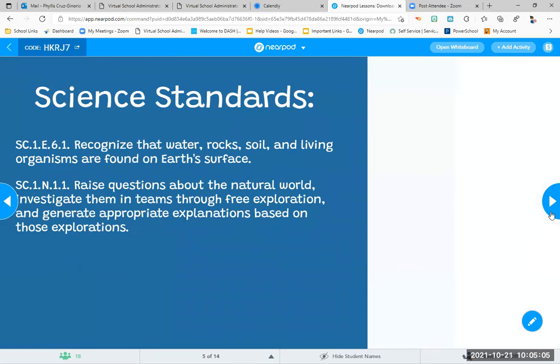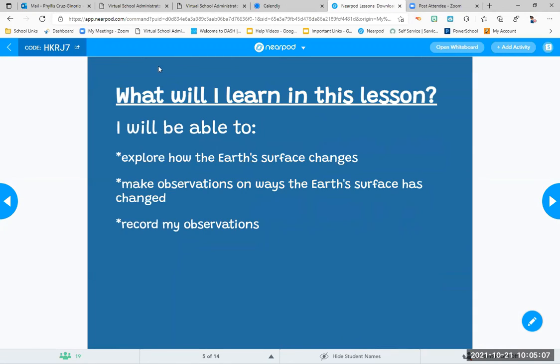Today you are going to be able to explore how the Earth's surface changes. It's changing every moment of every day. Even when you sleep, the Earth is changing for lots of different reasons. We've been looking into that a bit with our lessons, and we're going to test it out today.